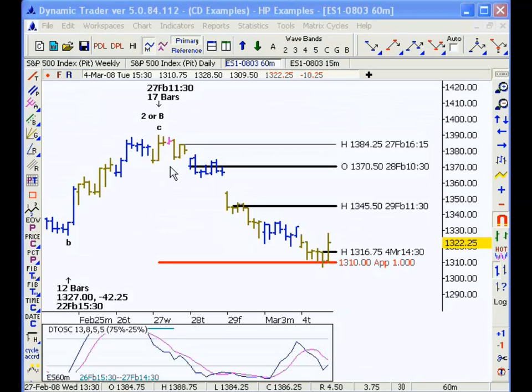We went from daily to 60-minute to 15-minute data for an entry. And if we were just using the pit session data, we would have entered on this gap below this little swing low around 1370.50. Our initial stop was right above the minor swing high, 1384.25. We looked to take profits or exit on the short-term unit if the market either reached the 50% retracement or made a 60-minute momentum bullish reversal.